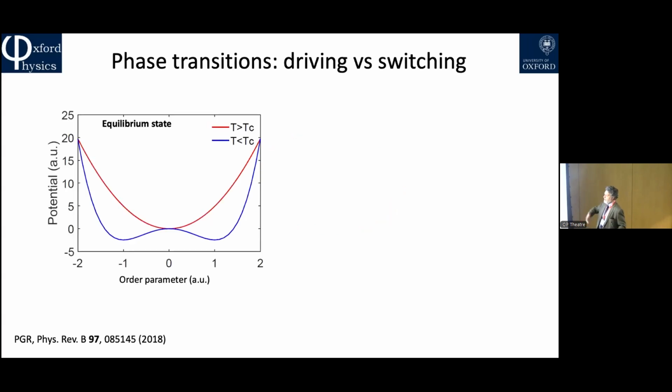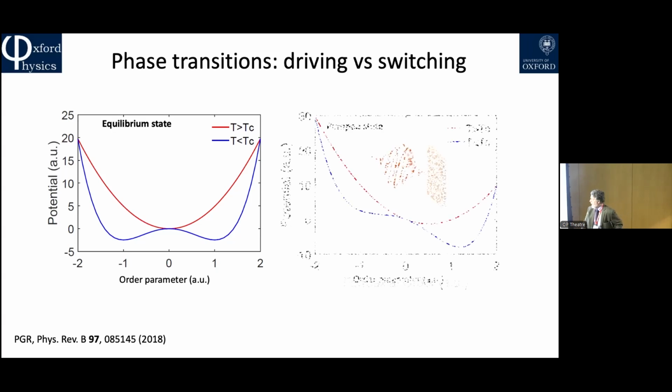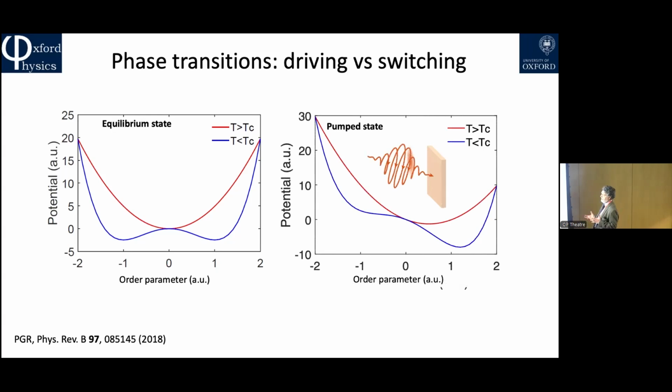Okay, so imagine a system that might undergo, at some temperature, a phase transition, and you have an order parameter, which in the high temperature phase will be parabolic, and the low temperature phase will have minima. If you pump in this way, the effect is to tilt the order parameter landscape in the paramagnetic phase, and in the low temperature ordered phase, to change the depth of these potential wells.